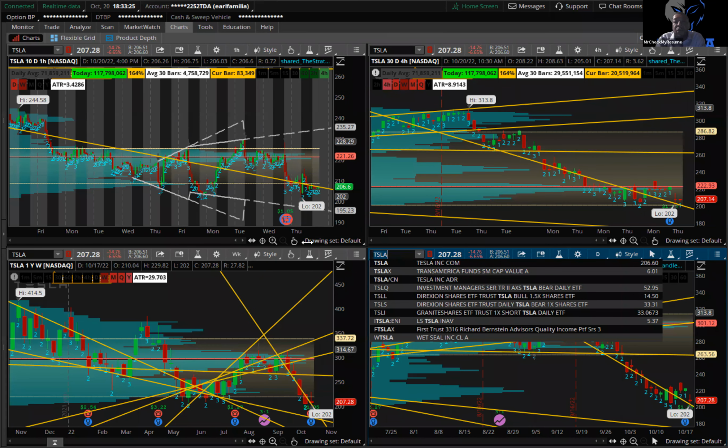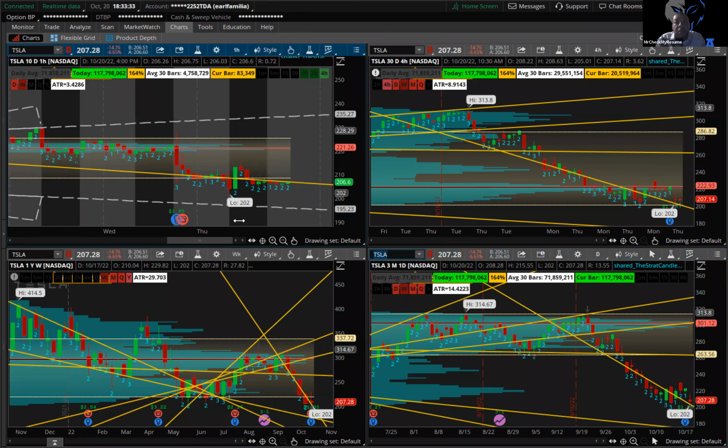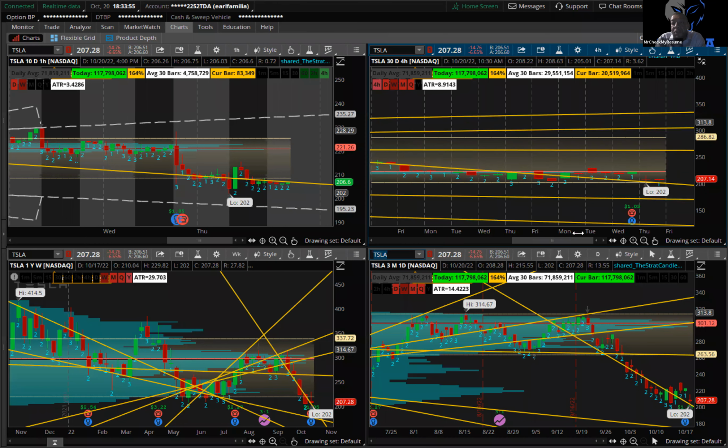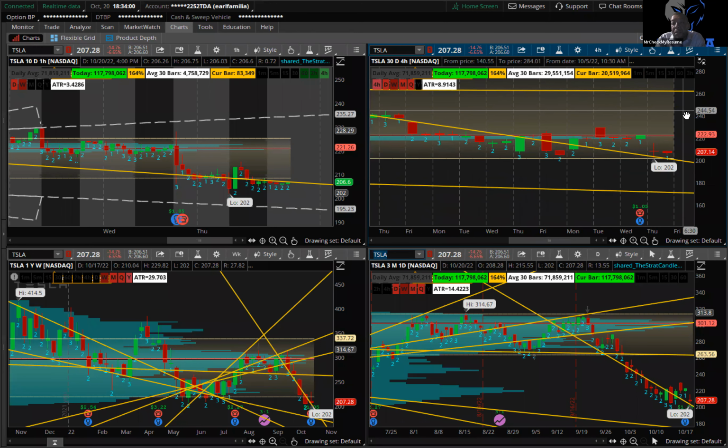Tesla. So Tesla, this one here has just been riding this broad formation. Go down below it, come back to it, go above it, come back to it. Tesla could come down to under 200.